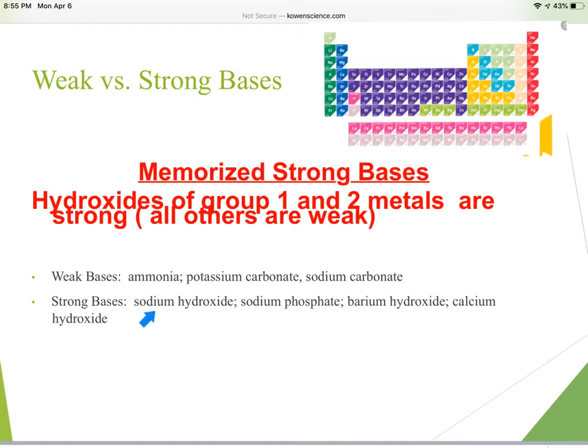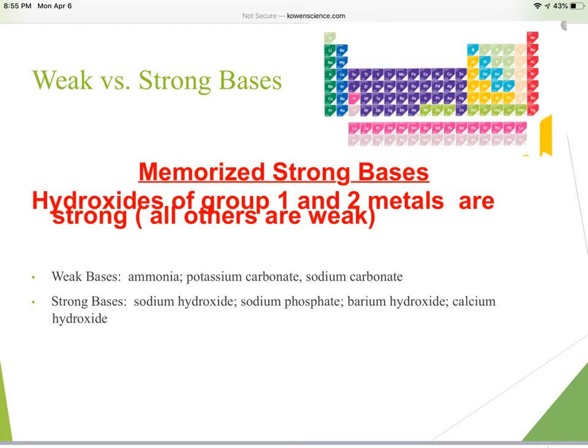Okay, so I've got sodium hydroxide. The hydroxide is OH. Sodium, I'm going to look up and see that sodium is right here. This is group 1, this is group 2, so it is a strong base.